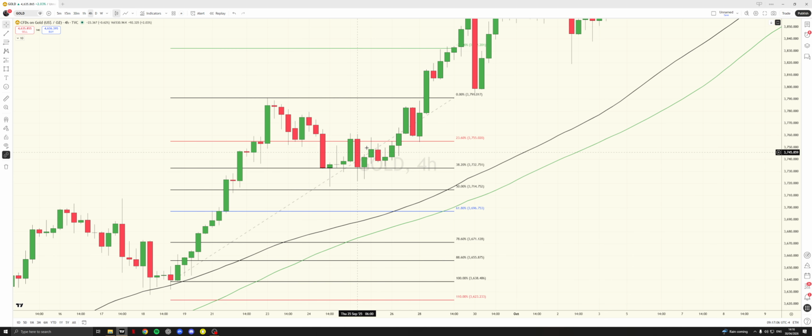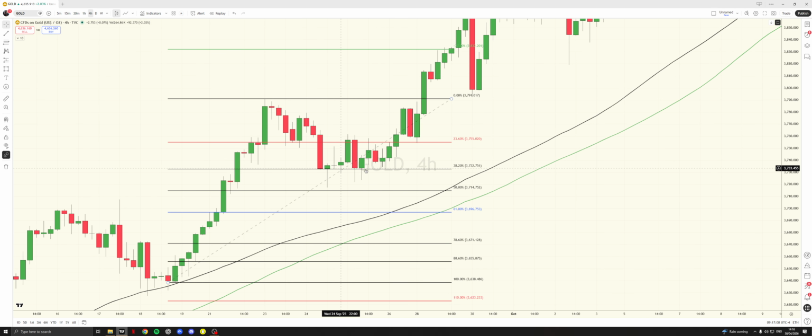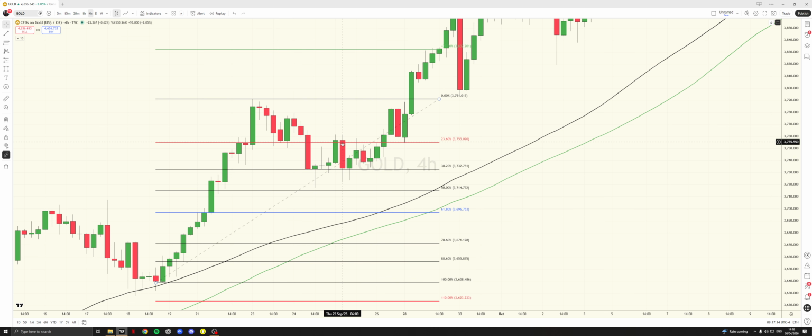We see a slight bit of consolidation, but it's not breaking the main support level at this 38.2%. It never broke it. It wicked it, showing some bearish candles, but that's what we ignore when it comes to newfound support, 38.2%. That's a higher low point right there.